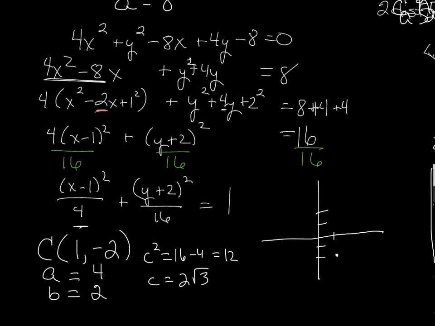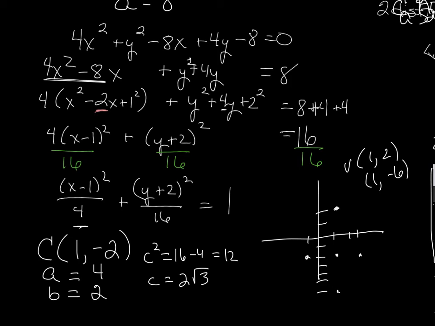We go up 4, so we have a vertex of 1, 2. And we go down 4, and we have a vertex of 1, -6. B is 2, so we go over 2 and over 2.